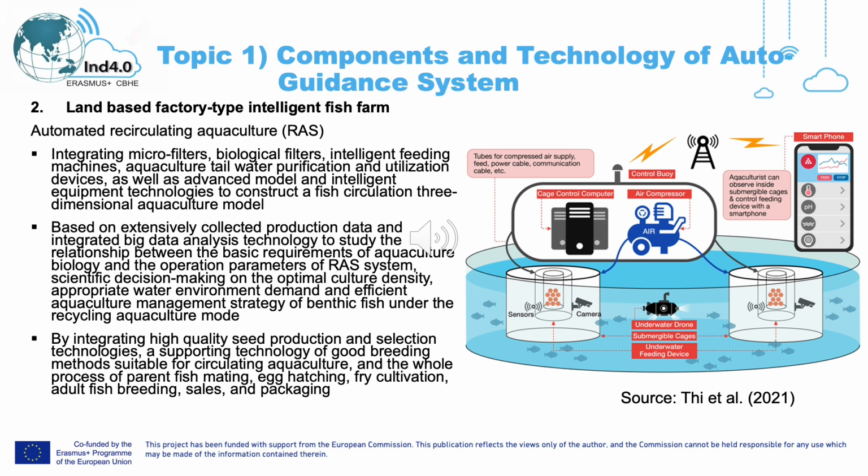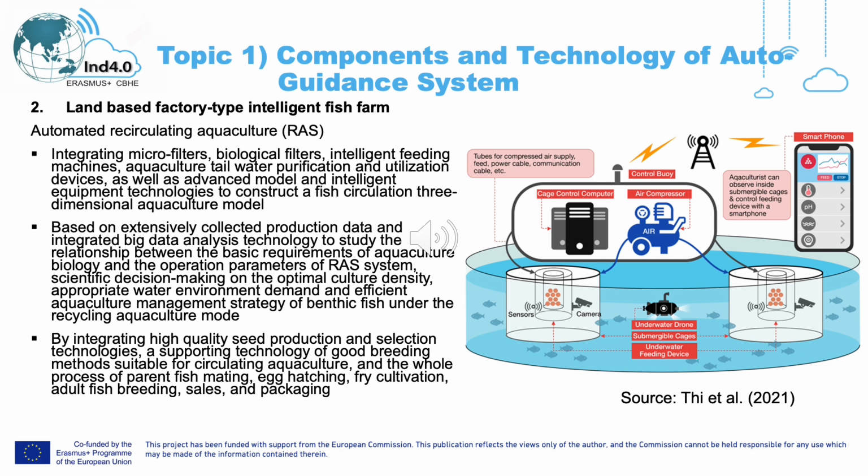Based on the deep study of relationship between the basic requirements of aquaculture biology and the operation parameters of RAS system, scientific decision-making on the optimal culture density, appropriate water environment demand, and efficient aquaculture management strategy of fish under the recycling aquaculture mode are carried out by extensively collecting production data and integrating big data analysis technology.